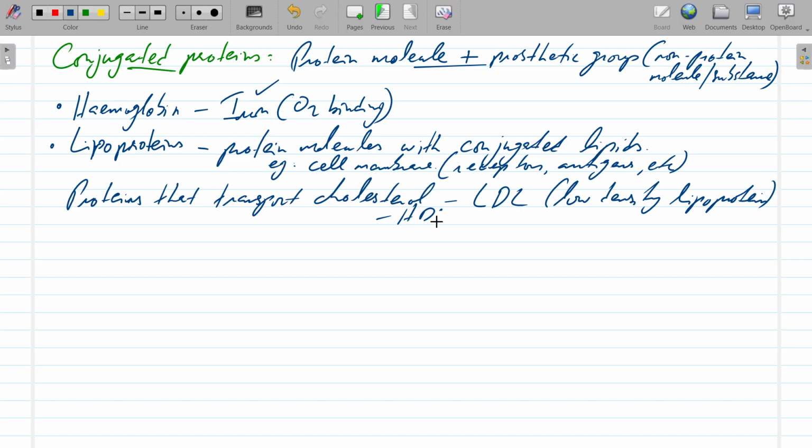And HDL, which is high density lipoprotein. HDL contains more protein than lipid.